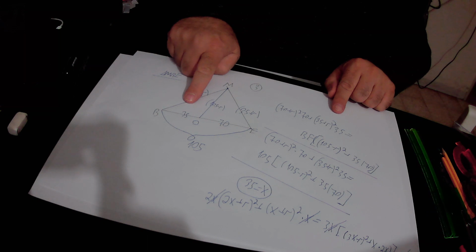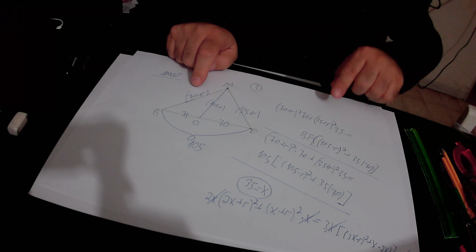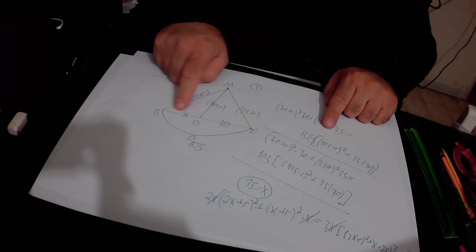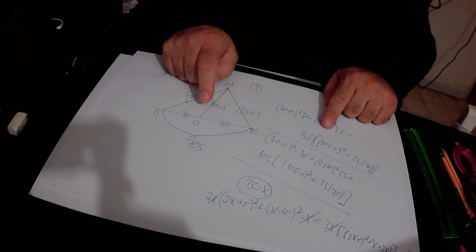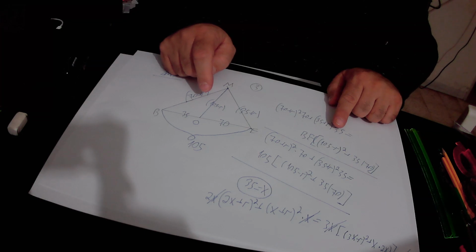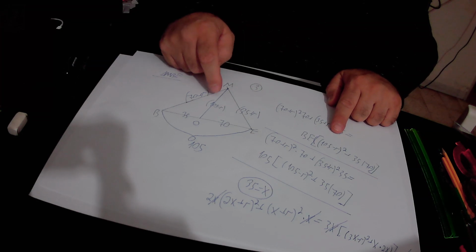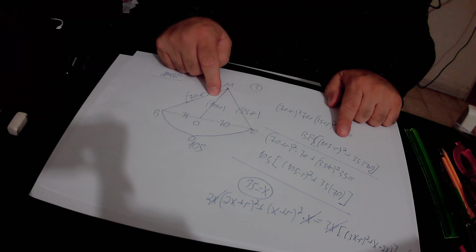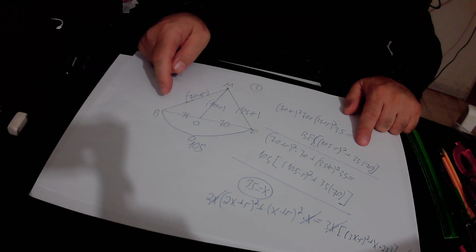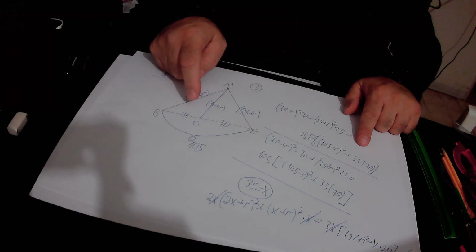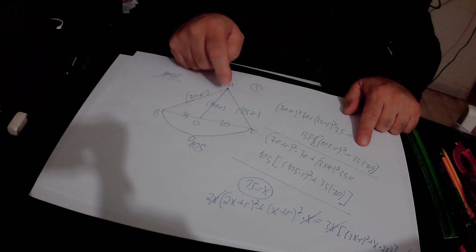OB is 35, so we substitute OB by 35, and it must be equal to BE, the length of side BE, that is actually 105 units, times MO squared. MO is 105 minus R, therefore MO squared is (105 minus R) squared, plus BO times OE. BO is 35, OE is 70.